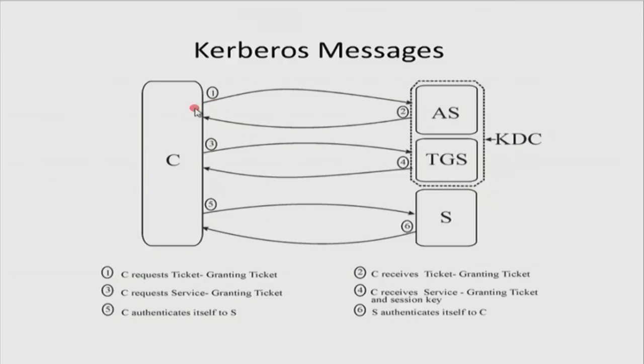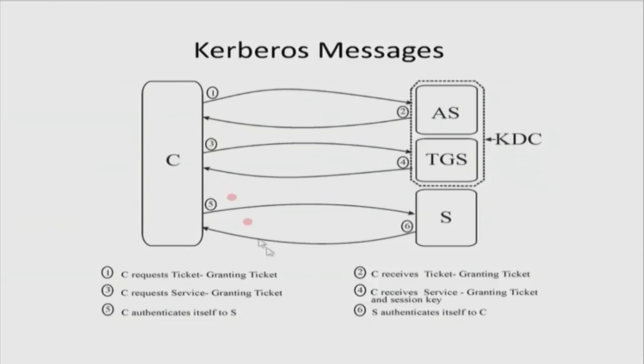You produce your password, some function of the password is used to create a message, and then that is sent over here. It is verified and so on, and if it verifies successfully, then the AS produces a ticket granting ticket in this message and conveys it to the client. So that's message number 2. C receives the ticket granting ticket from the AS.